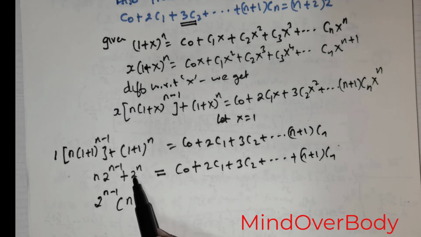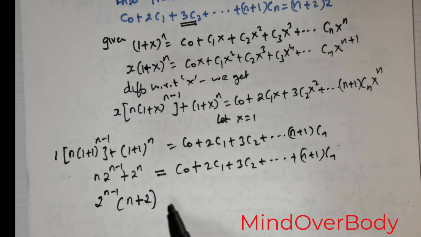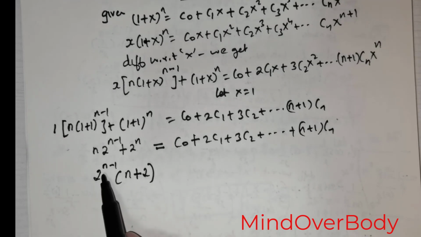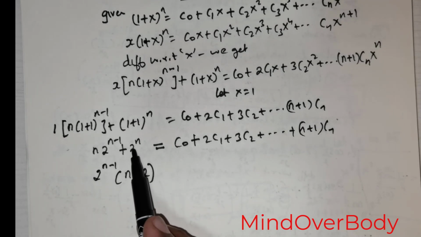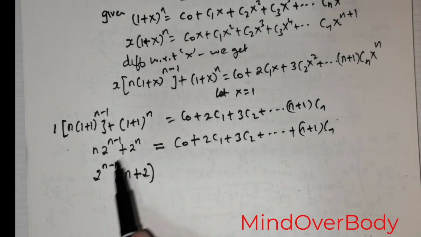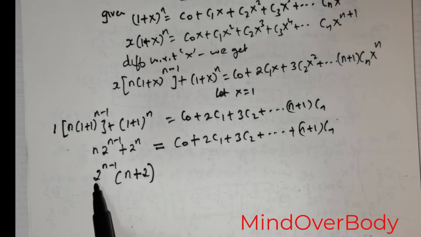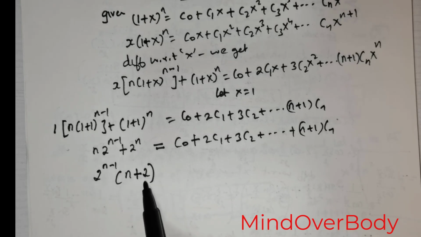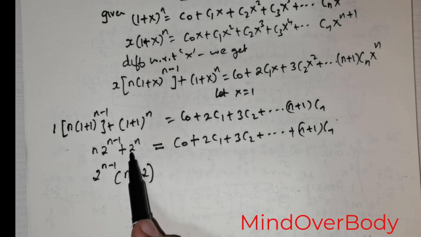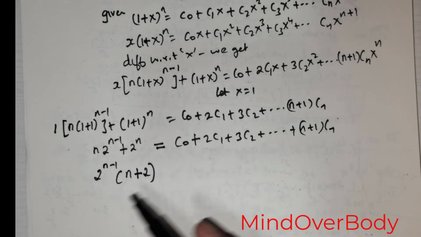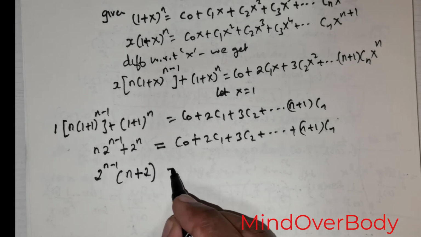Now I need to get 2^n here. So that has to be added with a 2, because 2^(n-1) times 2 would give me 2^n, right? So 2^(n-1), when we multiply it with 2, obviously gives us this value. So it's straightforward.